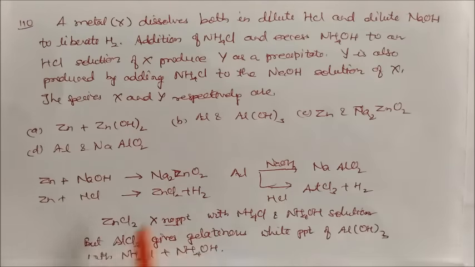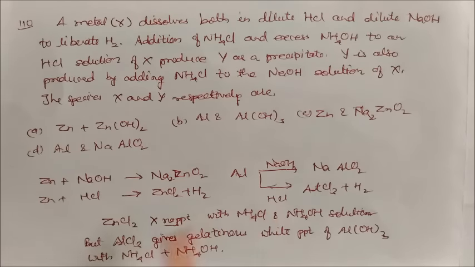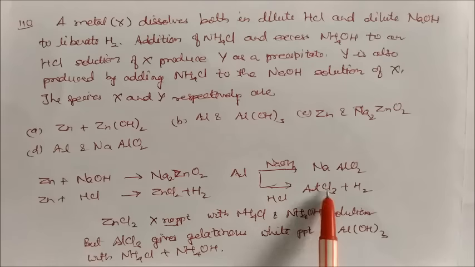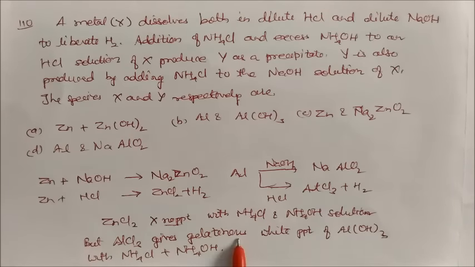Now ZnCl2 will not give a precipitate when reacting with the ammonium chloride and ammonium hydroxide solution. Now we are left with aluminum chloride. This aluminum chloride will give you a gelatinous white precipitate of aluminum hydroxide with ammonium chloride and ammonium hydroxide.